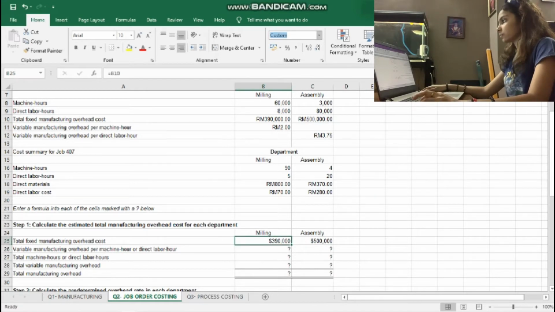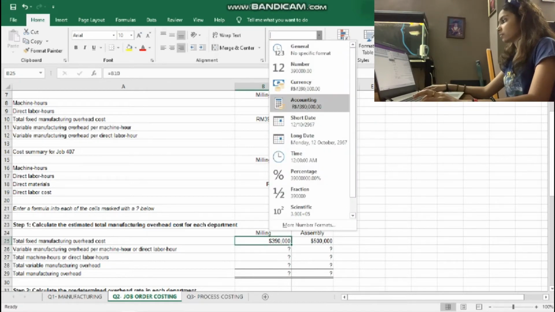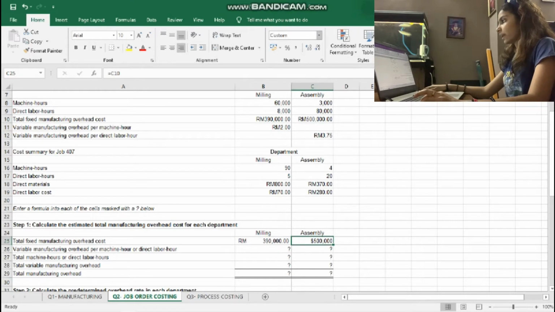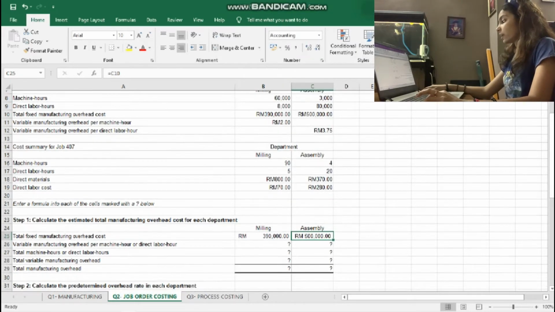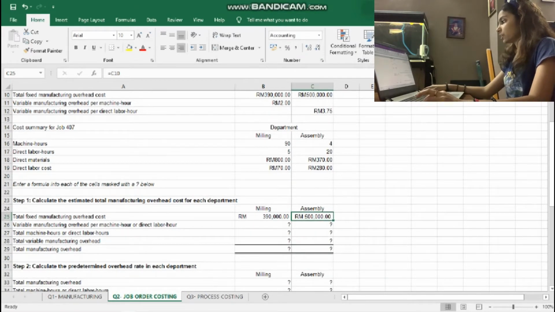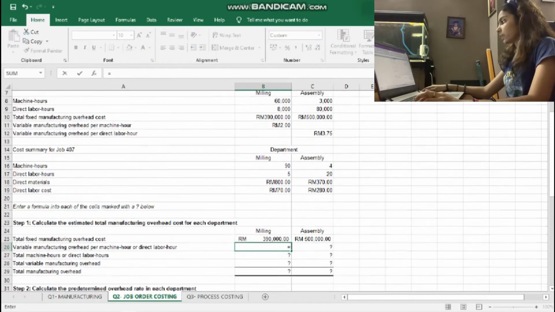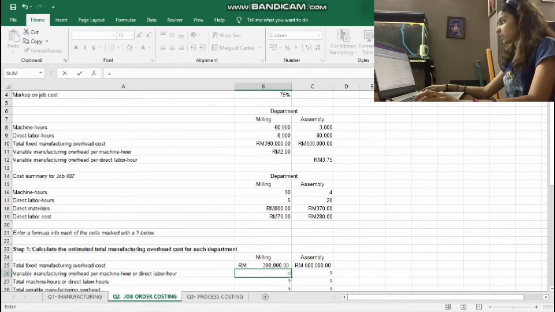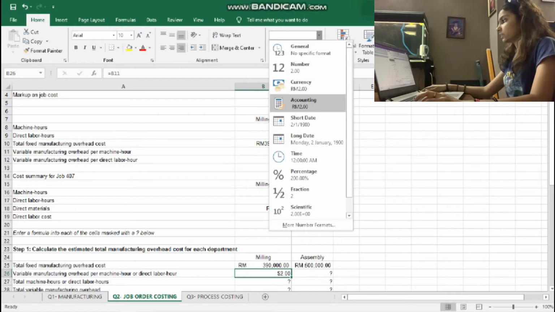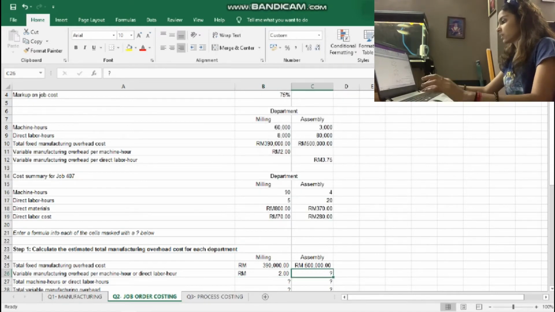Okay, then next is variable manufacturing overhead per machine or direct labor hour. So for milling is machine hour, it's 2 ringgit, and for assembly it's 3 ringgit 75 cents.